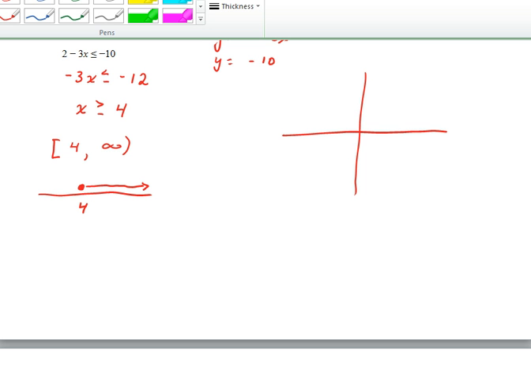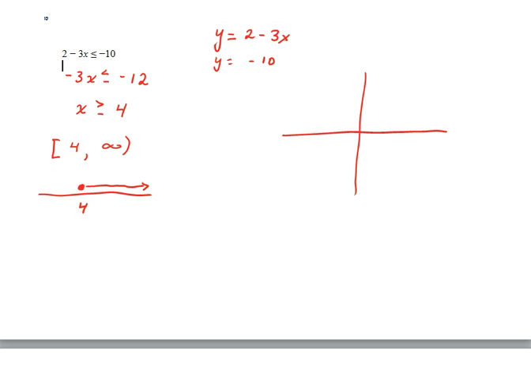And so this time, 2 minus 3x crosses the y-axis at 0, 2, and has negative slope of negative 3. And y equals negative 10 would be below the x-axis.